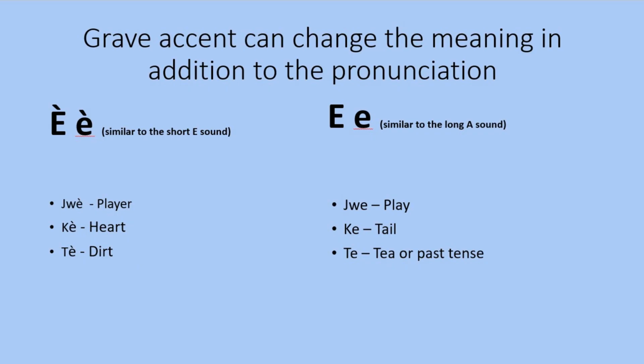So it doesn't make any sense to skip the accent just because you think it doesn't matter, because it does matter. Then we have dirt, right? Dirt is te. T-E with an accent on the E. It means dirt. T-E without the accent means tea, or anything that's past tense, that's already in the past, okay? You understand the importance now.